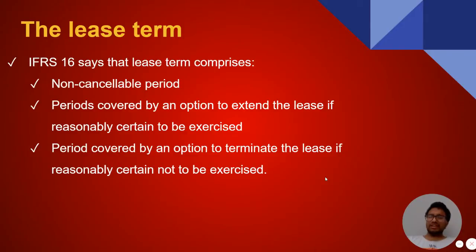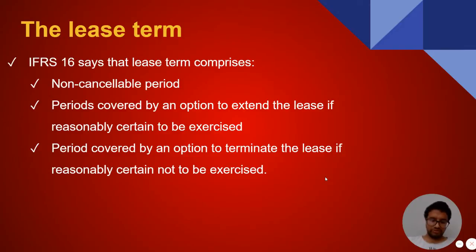Similarly, the lease term. What will the lease term comprise? It is basically the non-cancelable period, and then the period covered by an option to extend the lease if it is certain to be exercised. And the other thing is the period covered by an option to terminate the lease if reasonably certain not to be exercised.